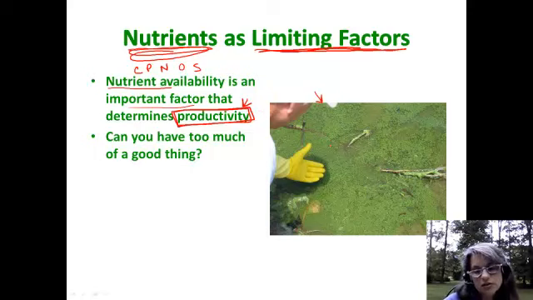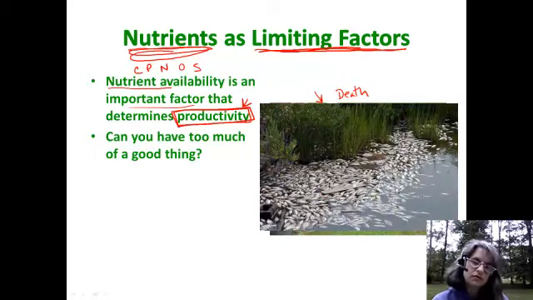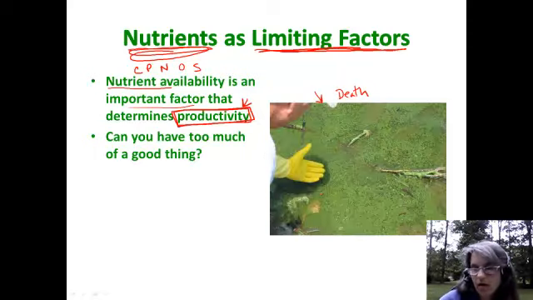When you have a lot of algae growth, you eventually have a lot of algae death. It gets so thick at the top that the light can't penetrate to where there's algae underneath. The algae dies in massive amounts.